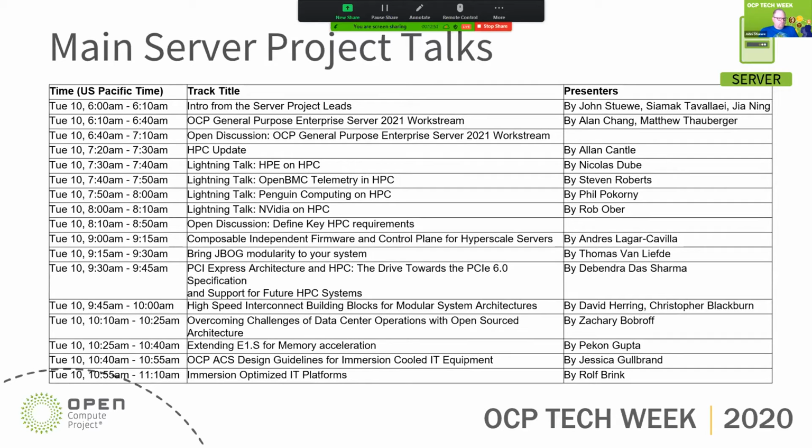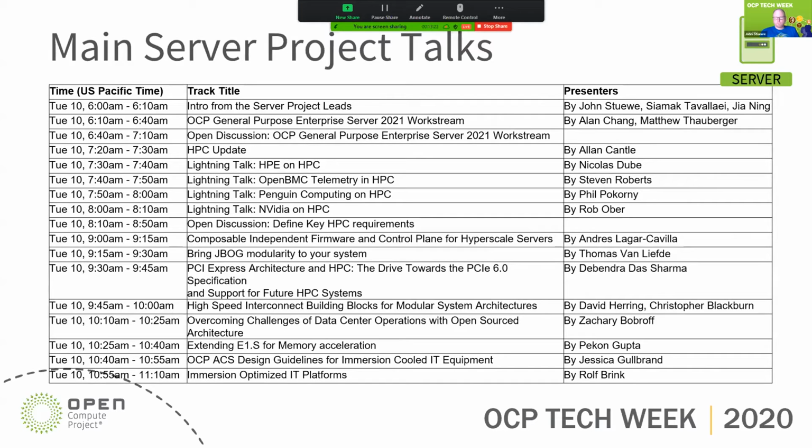Then we have a number of other tracks: composable independent firmware, bringing JBOD modularity, PCI Express on HPC, high-speed interconnect building blocks, overcoming challenges in data center operations, extending the E1.S, which is the new EDSFF form factor for memory acceleration, some cross-project information here on the OpenACS design guidelines, which is immersion cooling.